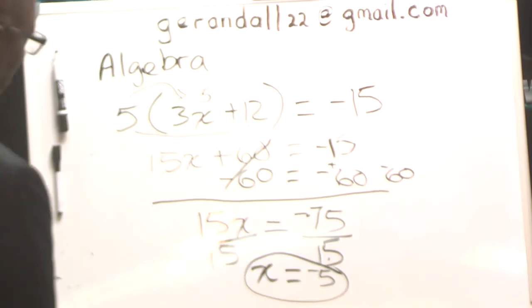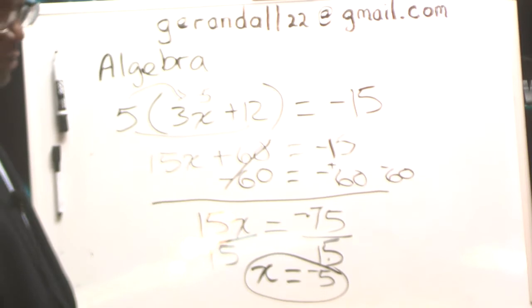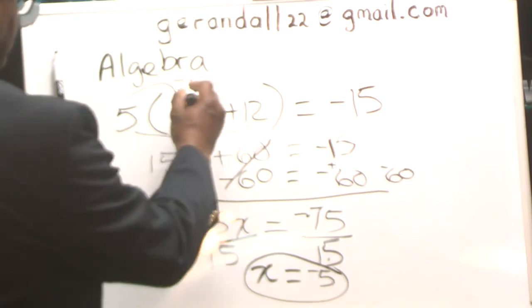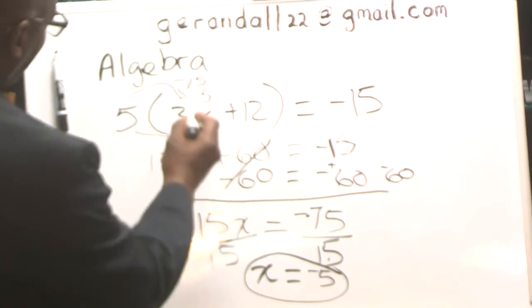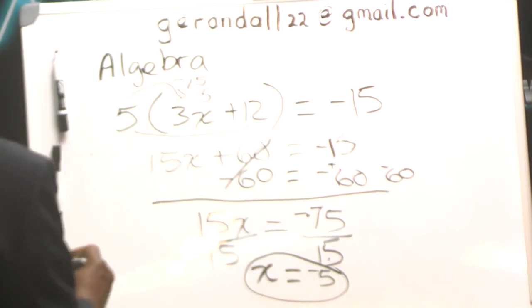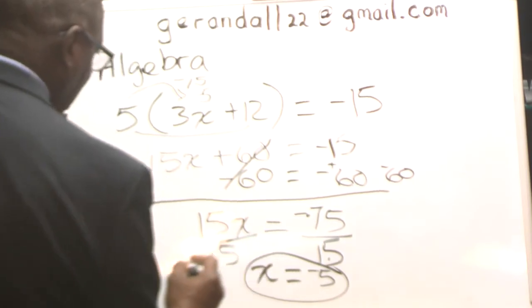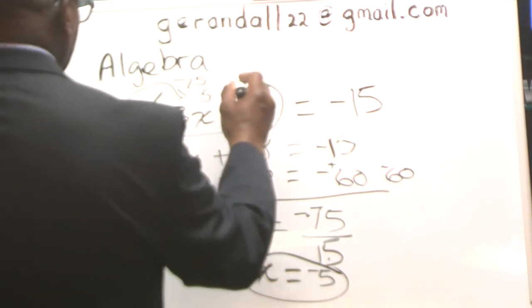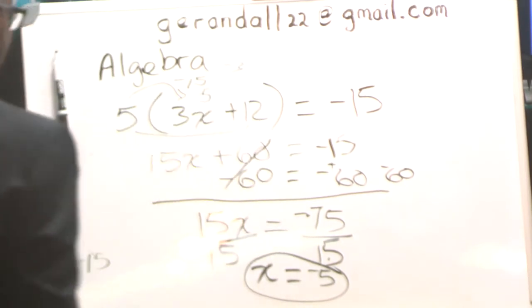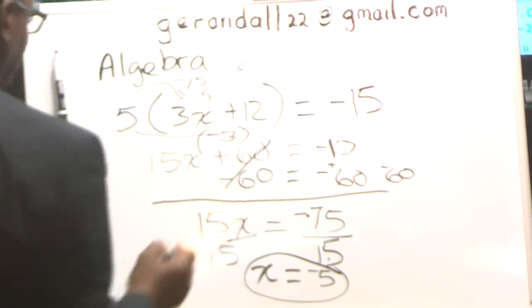Now watch this real quick. 3 times negative 5 is what? Negative 15. And negative 15 plus 12, again, now we're at that negative 15, and we're going to go 12 in a positive direction and end up with a negative 3. We'll put it down here, negative 3.